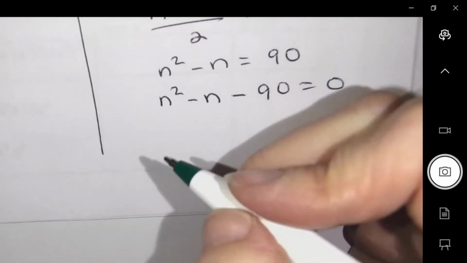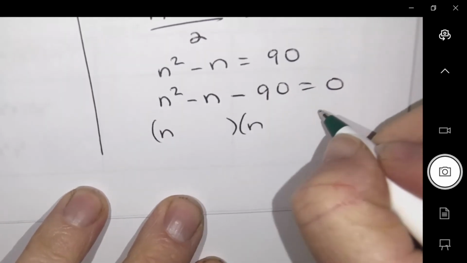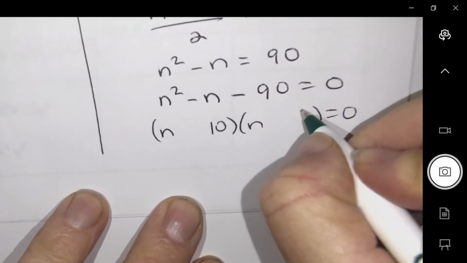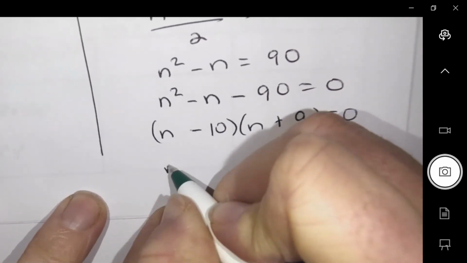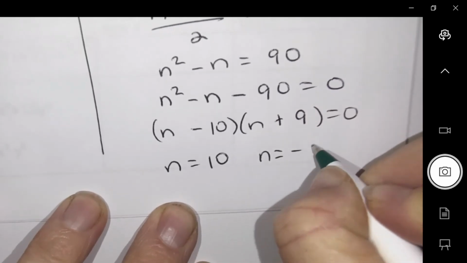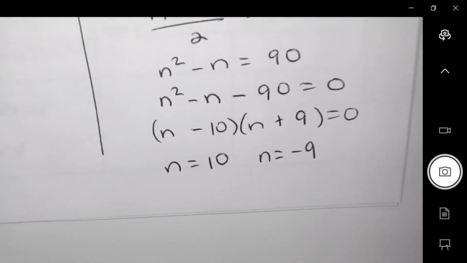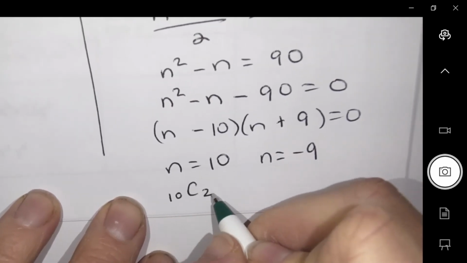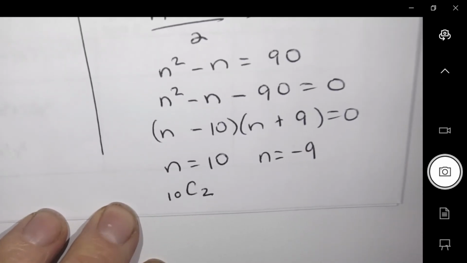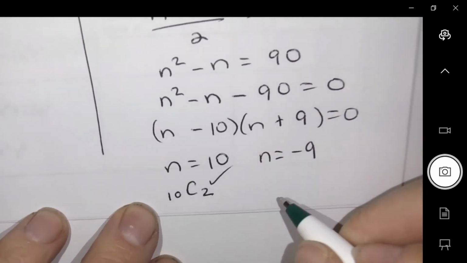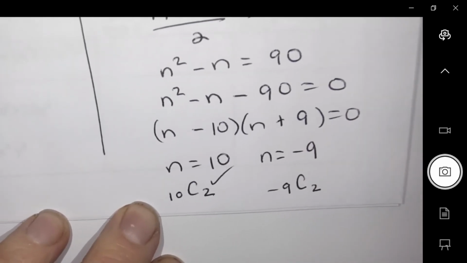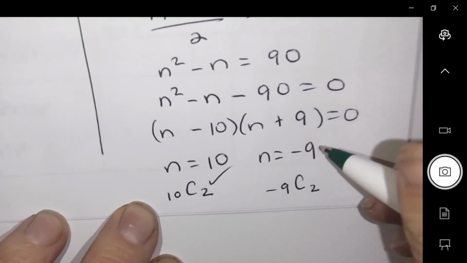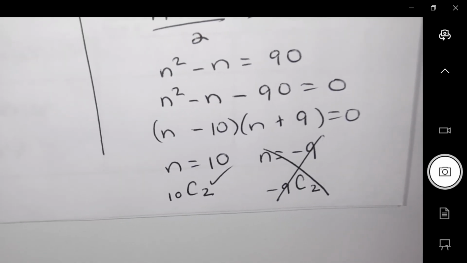And then factoring, I'm going to use a 9 and a 10. And remember that we're doing something like this, 10C2. Would that work? Yeah. Does -9C2, would that be an option? No, that's not a thing, because you can't have -9 items and choose 2 of them. That doesn't really work.